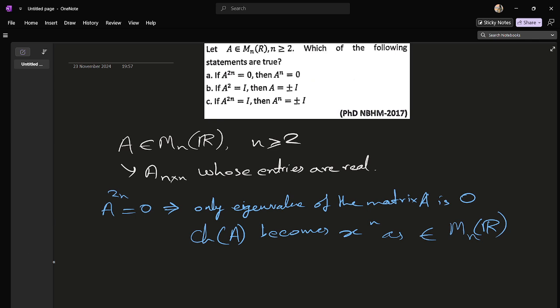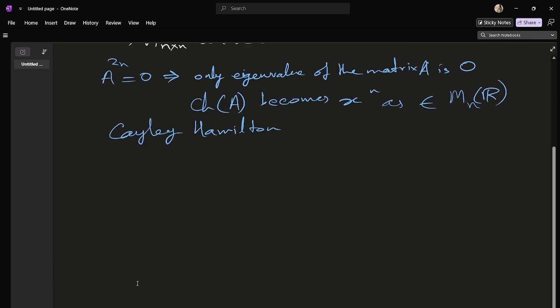So by the Cayley-Hamilton theorem, which says that the matrix itself satisfies its characteristic equation, as our characteristic equation is x to the power n, we get that A to the power n is equal to 0.